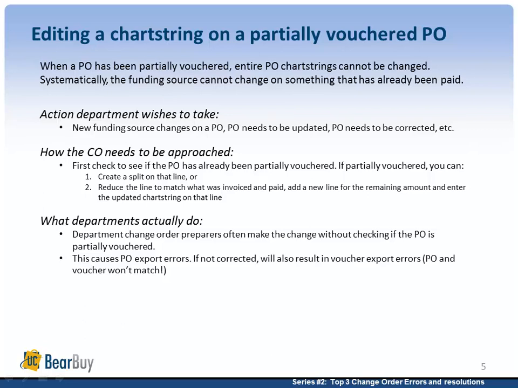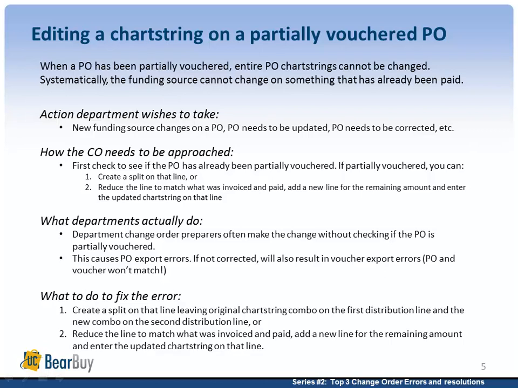In other words, they just update the entire charge string combination, not checking to see if something has already been paid against that charge string. This causes PO export errors, and if not corrected, this will also result in voucher export errors. In other words, the PO and any new voucher won't match.